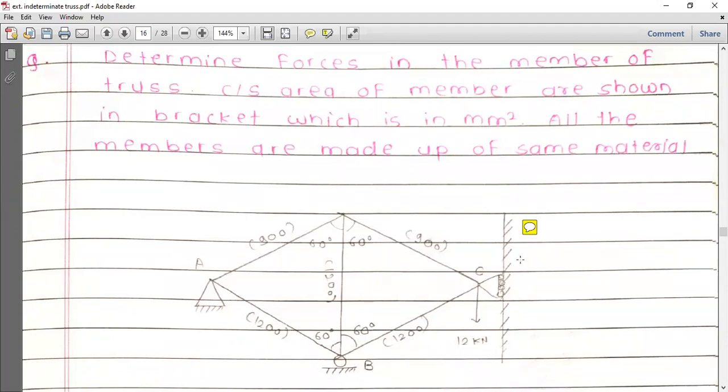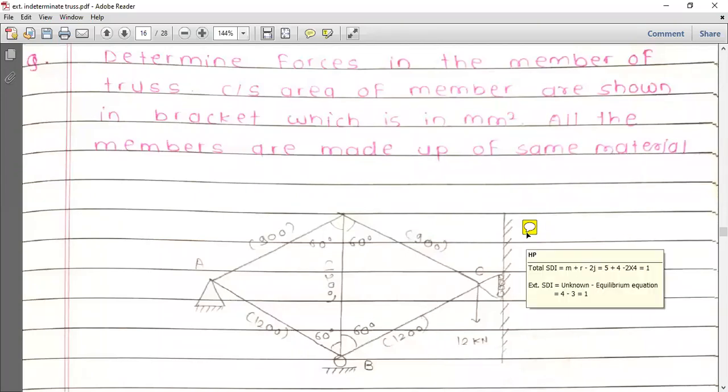So the total number of reactive components comes out to be 2 plus 1 plus 1, so it comes out to be 4. So R here is 4, that is the number of unknowns, minus 2J, 2 into the number of joints. So the total SDI of this structure comes out to be 1. It means the given structure is indeterminate.